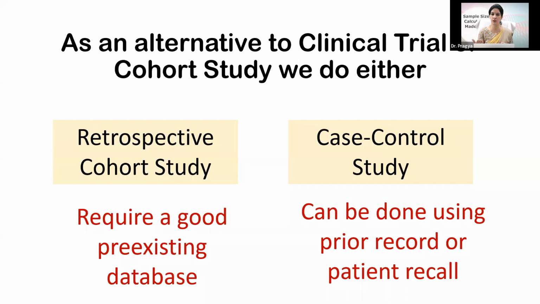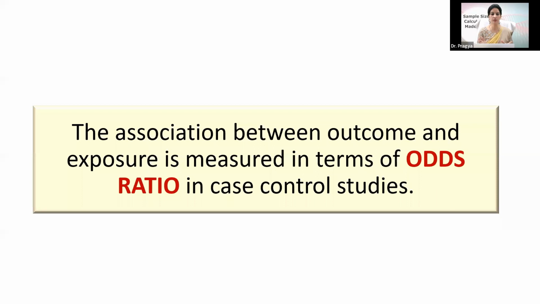You must have seen in your institution, whether it is a digital record or a hard copy paper-based record, there will always be many records which are not complete. So that is a limitation, but within that limitation there are many methods by which you can reduce these biases. Now, the measure of association in a case control study is the odds ratio.